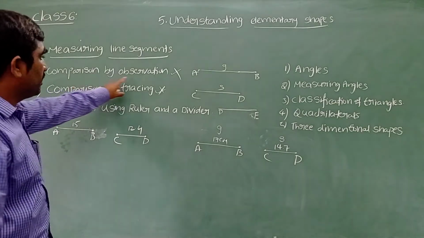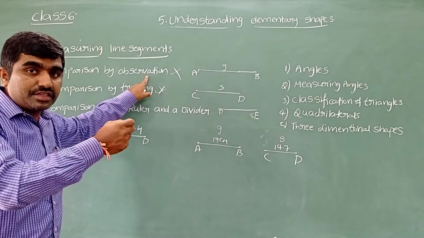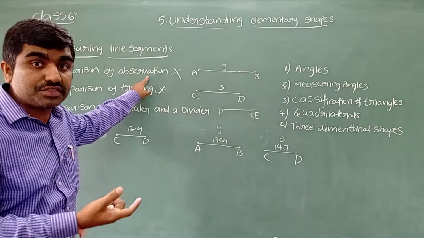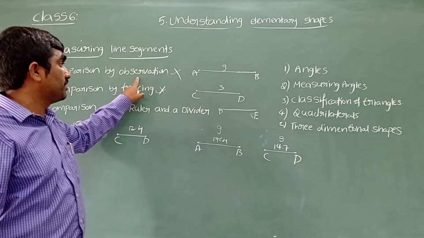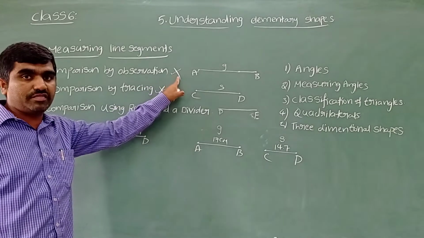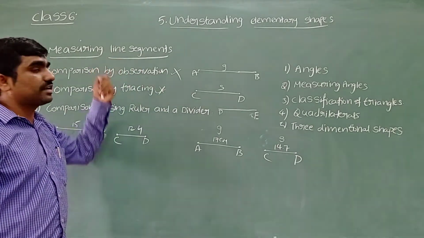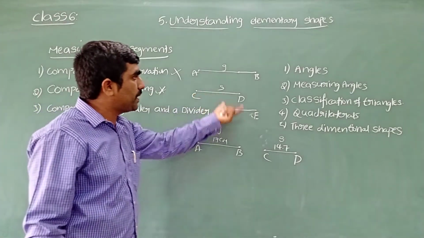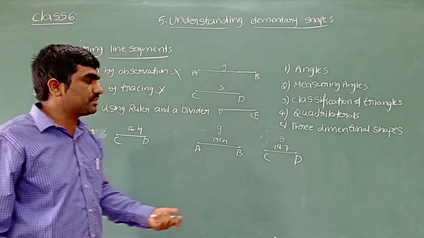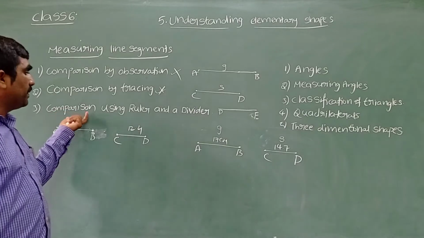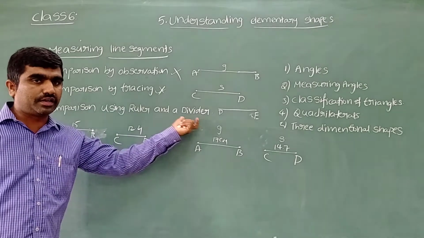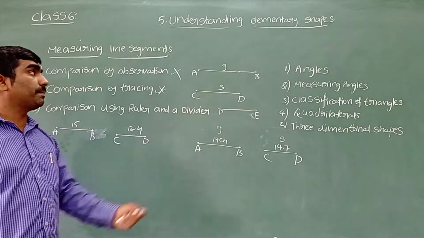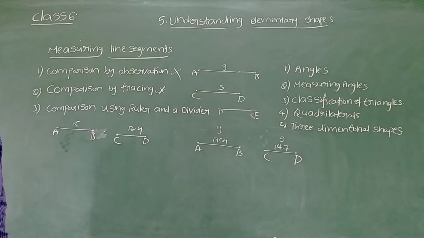Yes, when the difference in the length of the line segments is minor, in that case it's not possible to say which is greater or smaller by observing. It is also not convenient to give the exact length. Comparison by tracing on paper every time is a time-taking process. So we can compare by using a ruler or a divider. Both are okay, but the divider is the best way to compare the length of line segments.